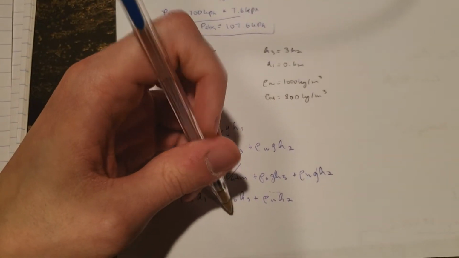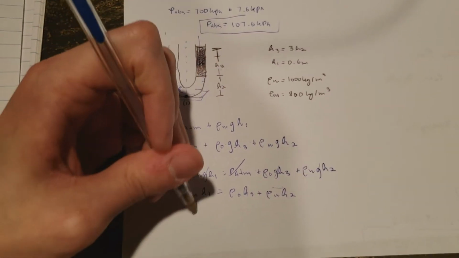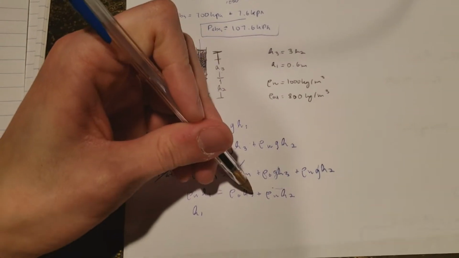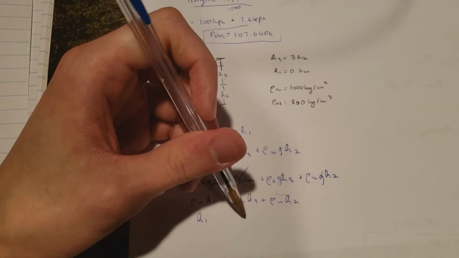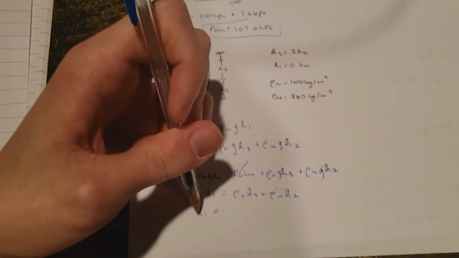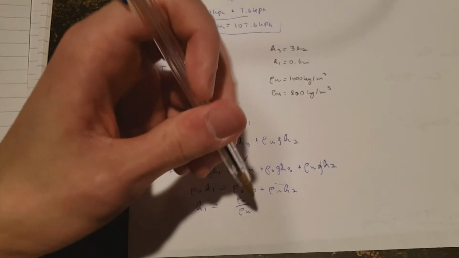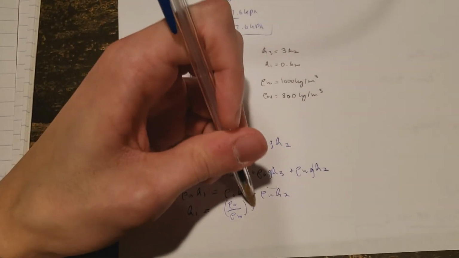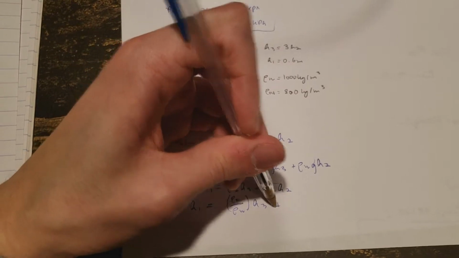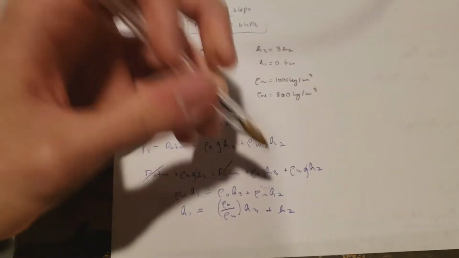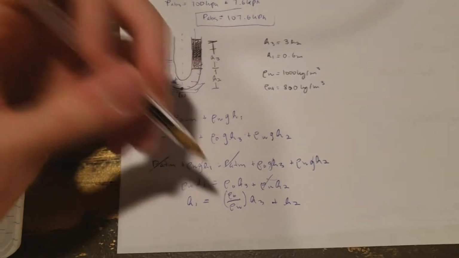And then again, we're given that ratio. So now what we can do, we can actually divide our densities of water over to the other side and just get our height 1 because we know that value. And then we know that because we've divided, we just have our third height plus H2 because this gets canceled out as well.